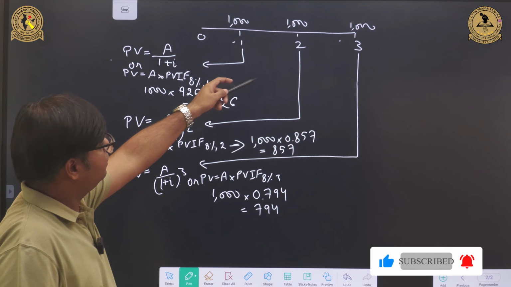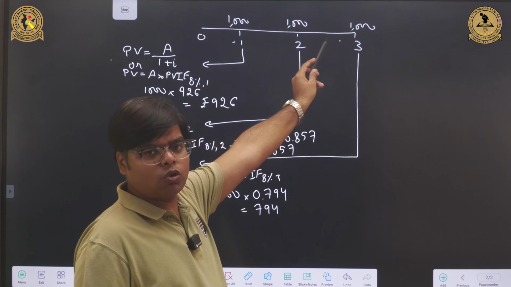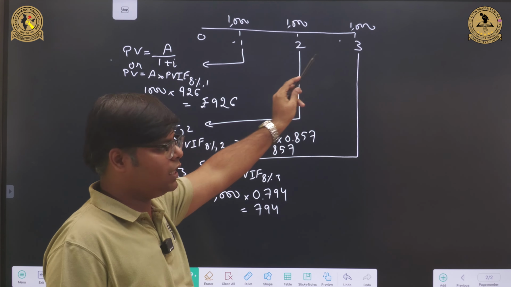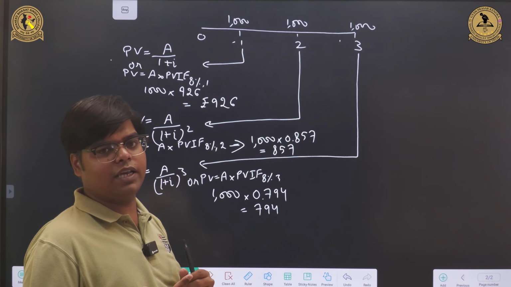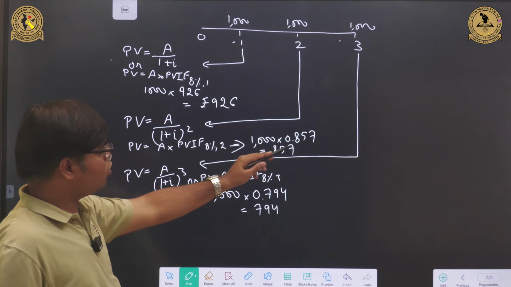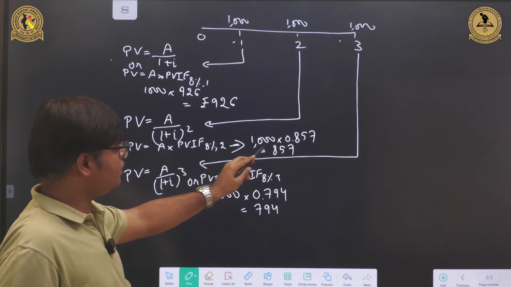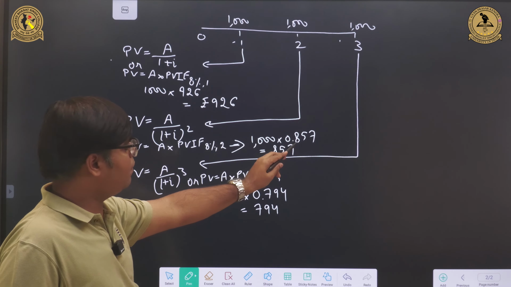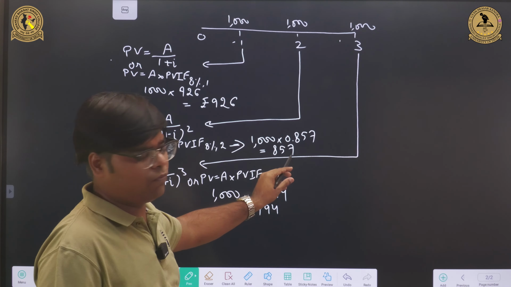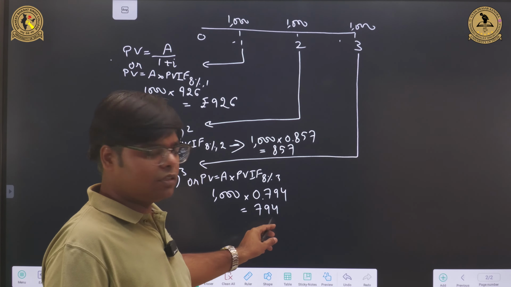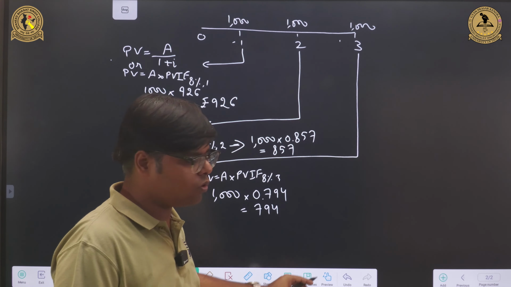In the second, 1000 rupees I wish to withdraw at the end of second year. So I need to discount this value at 8% for 2 years. The value comes out to be 0.857. So 1000 multiplied by 0.857 will give you rupees 857. And at last it will give you 794.